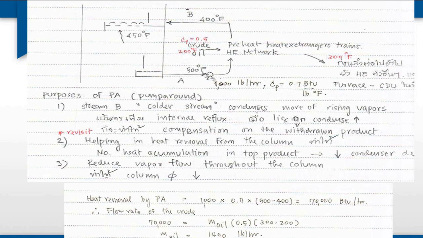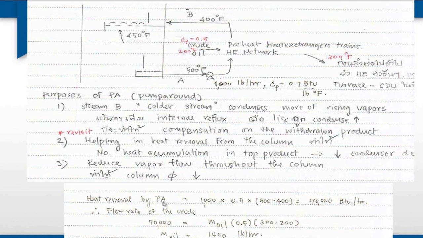There is also some calculation showing up here. For example, stream A, which has crude of 1000 pounds per hour with the Cp equal to 0.7 BTU per pound degree Fahrenheit, we would like to reduce the temperature from 500 degrees Fahrenheit to 400 degrees Fahrenheit by passing it to the PA heat exchanger network and preheat the crude oil at 200 degrees Fahrenheit.